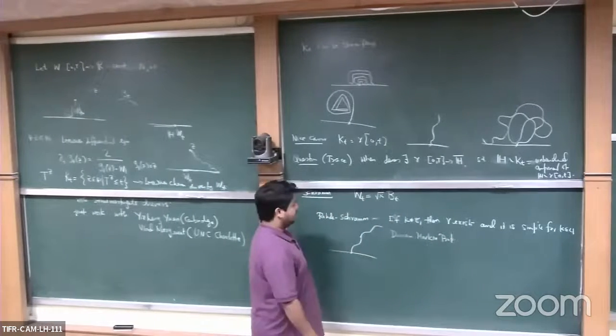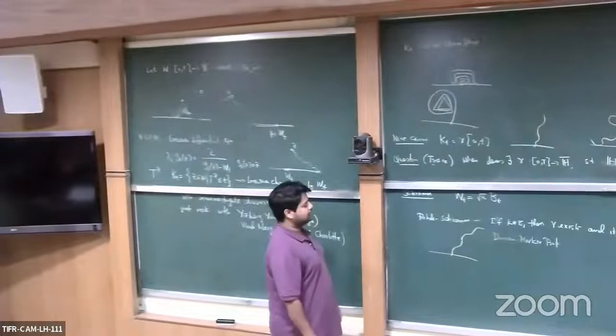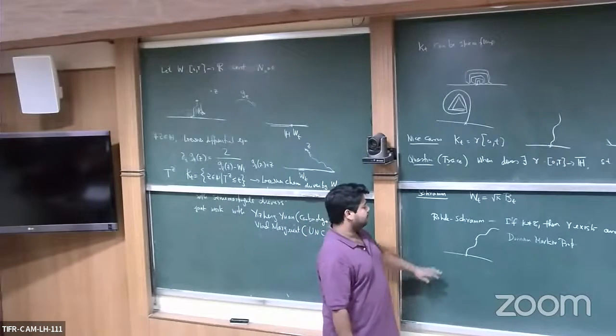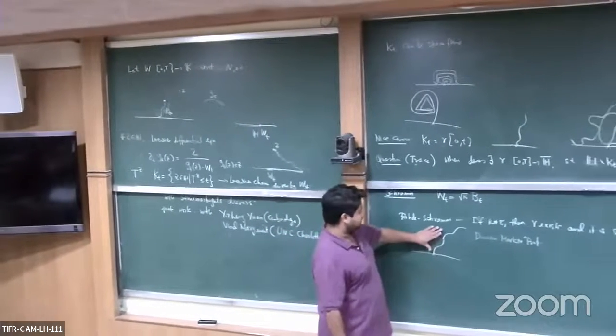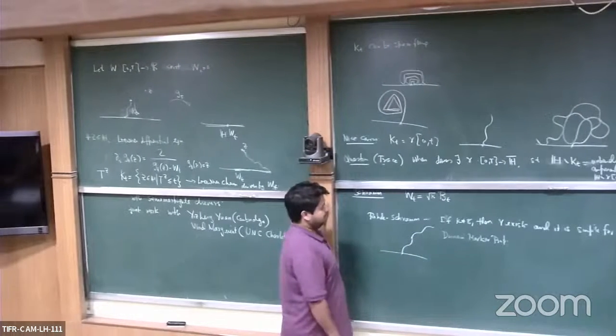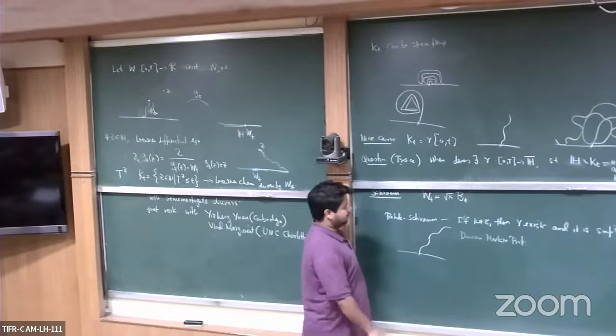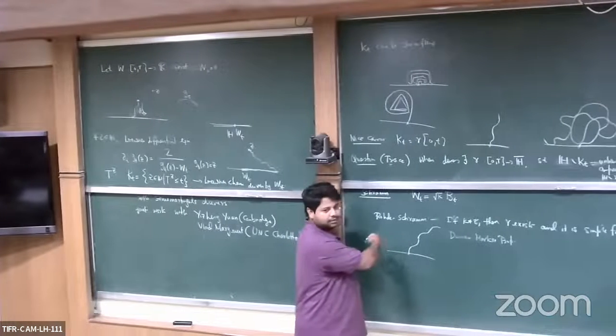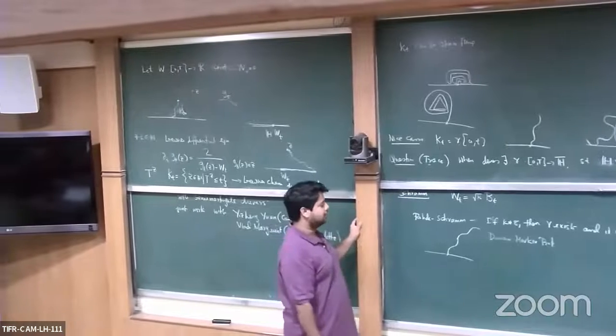And the other feature is called conformal invariance, which says that if you consider the law of such a curve in the upper half plane and map it to a different domain via a conformal map, then the image will have the same property as the original.